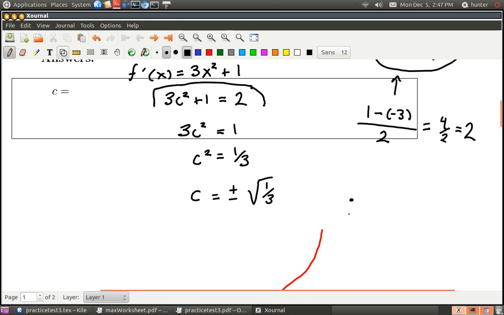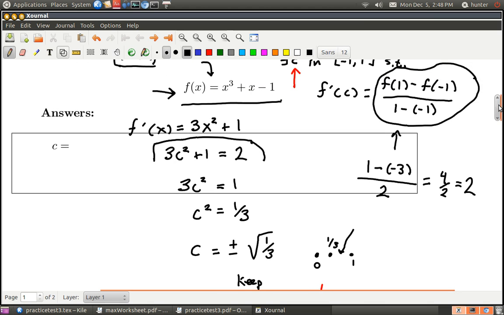Since 1/3 is a number between 0 and 1, if you take its square root, that's another number that's also between 0 and 1. So both of these are inside the interval, so we keep both, the positive one and the negative one, because both of them lie inside the interval from -1 to 1. I'm keeping them, and that is it.